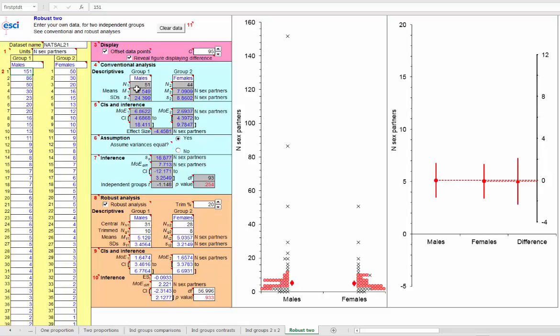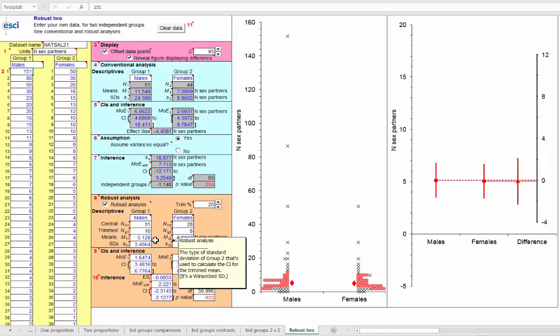So we started off for the males with 51 cases, we trimmed 10 off each end to finish up with 31, and here is the trimmed mean of the remaining 31, and the standard deviation appropriate for calculating this confidence interval with the trimmed data.